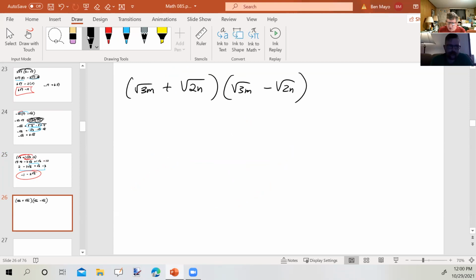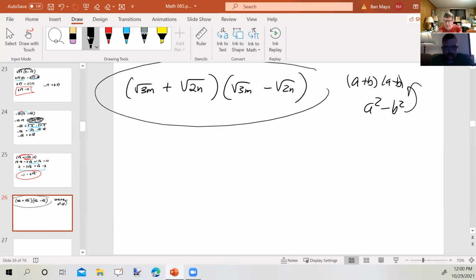Look closely at what we've got there and think back to chapter 6 when we were factoring the difference of 2 squares. If you had something like a plus b, a minus b, and you FOILed it together, you got a squared minus b squared. You took this and factored it, you got that. Well, there's that conjugate pair, the sum of 2 numbers times the difference of 2 numbers. So some nice things should work out from this.